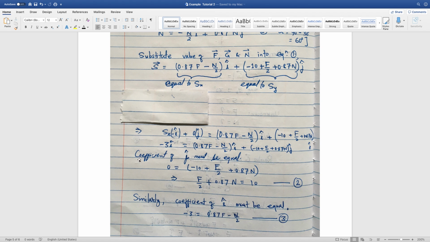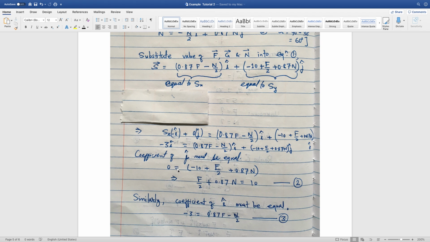Now remember, the coefficient of j hat must be equal on both sides, and then the coefficient of i hat also must be equal on both sides, okay? So let's do the j hat first. It doesn't really matter. The coefficient of j hat on the left side of this equal sign is 0, right? Really that 0 here.